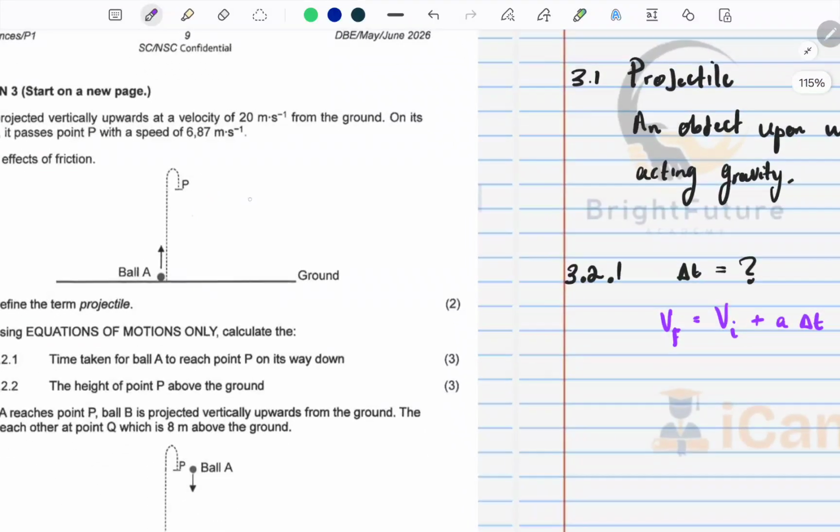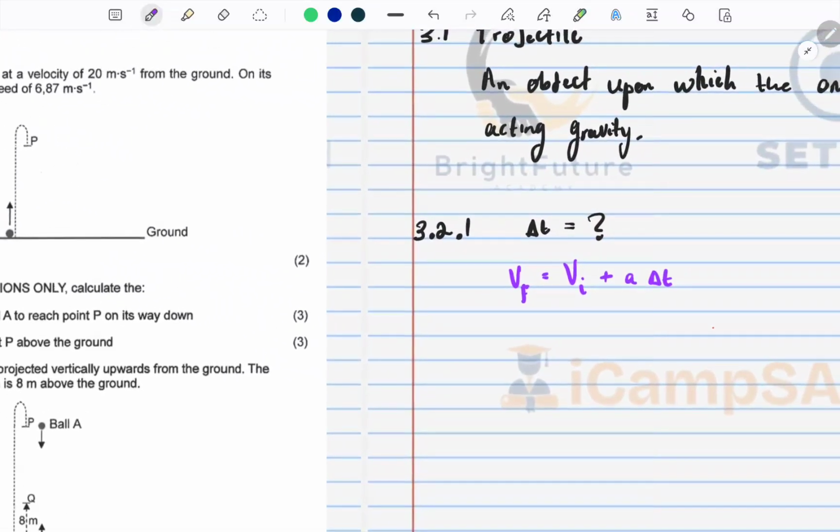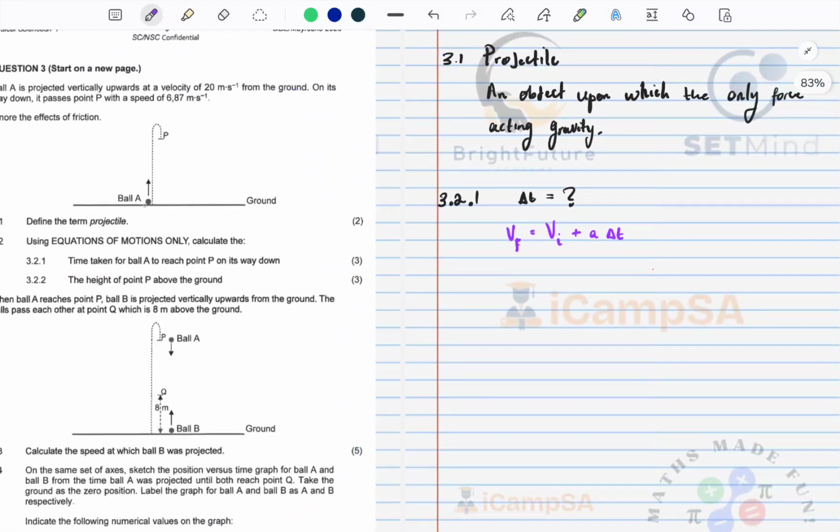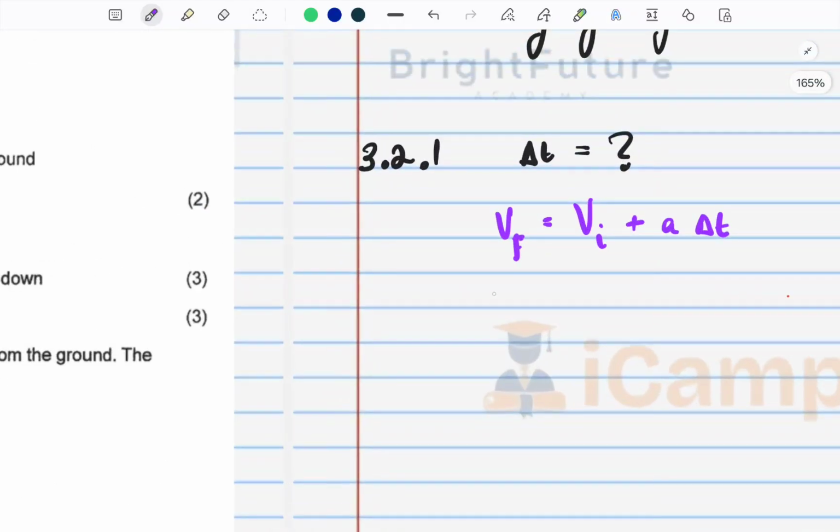Then what we need to do is choose a direction: going up we choose as positive, down as negative. If I'm choosing up as positive, that means when the ball is going up, I'm going to have a positive velocity, which is your 20 meters per second.